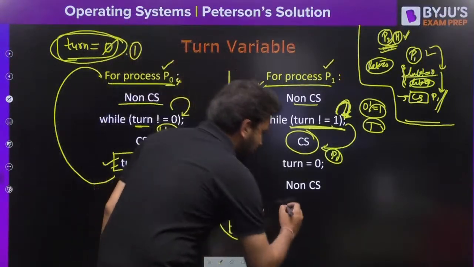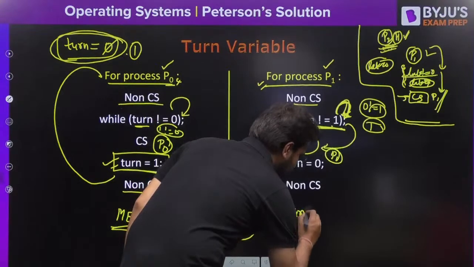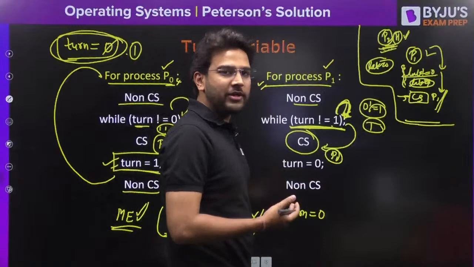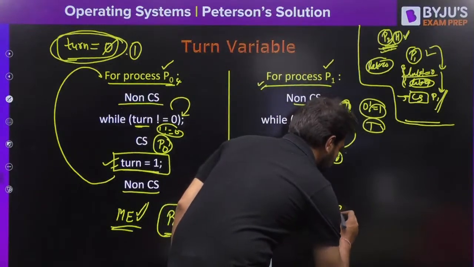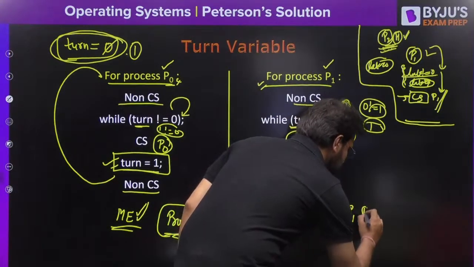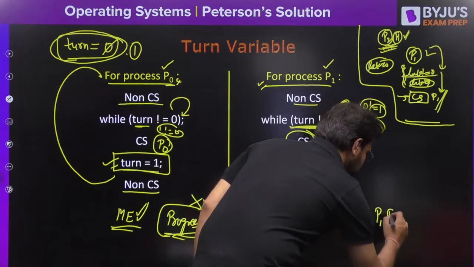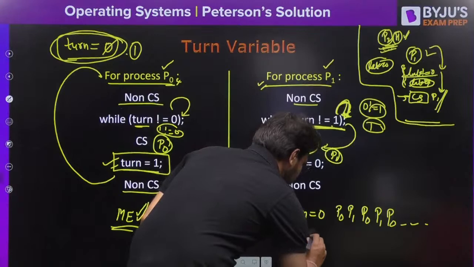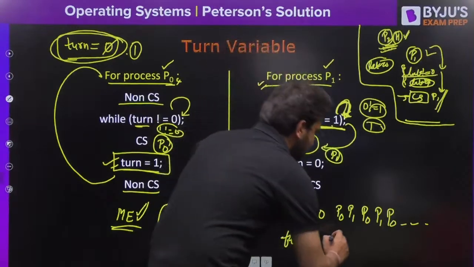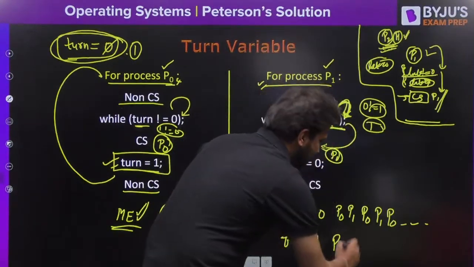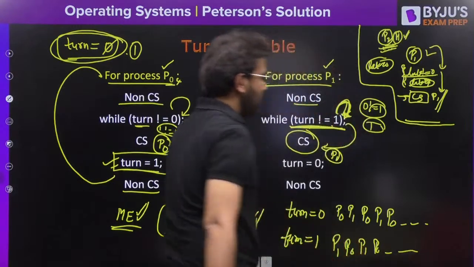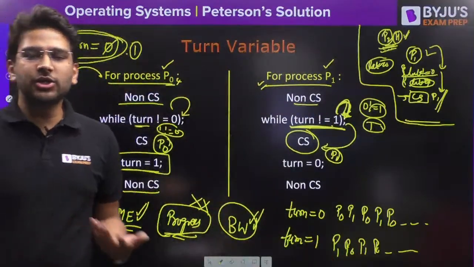If turn is equal to 0 initially, the order of execution would be P0, P1, P0, P1, P0 and so on. If the initial value of turn is 1, first P1 executes, then P0, then P1, then P0 and so on. That means strict alternation is there.